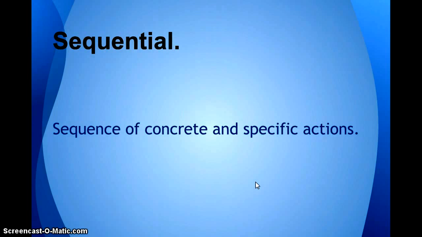The next one is sequential. So the third attribute is sequential. So make sure you think through the task or the actions you want students to do before, and that you give them in an order that's sequential that they can follow. My favorite example that I gave in the training was the episode of MASH where Hawkeye's trying to disassemble a bomb, and he's sitting at the bomb and he's getting directions on a walkie-talkie, and the direction is cut the green wire.